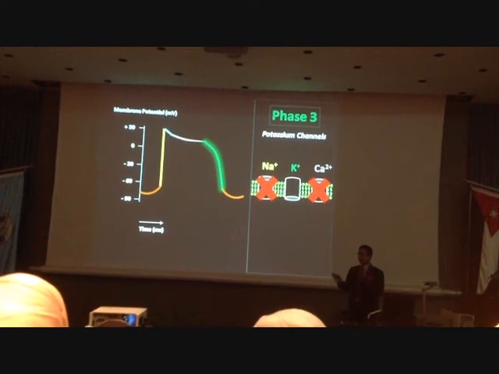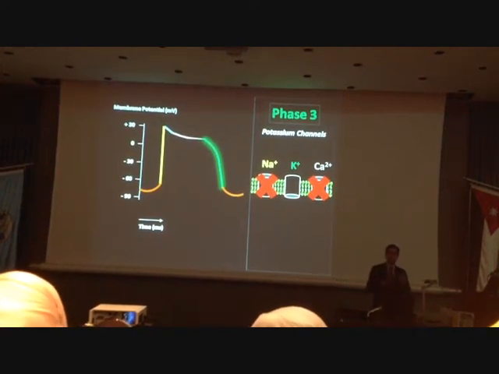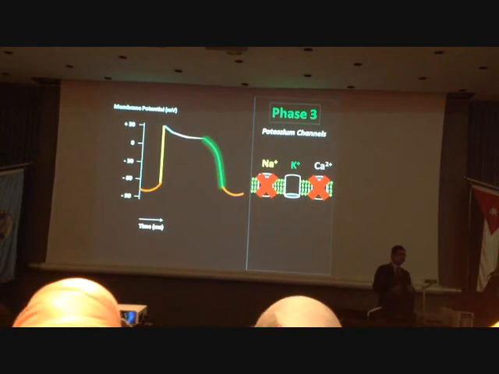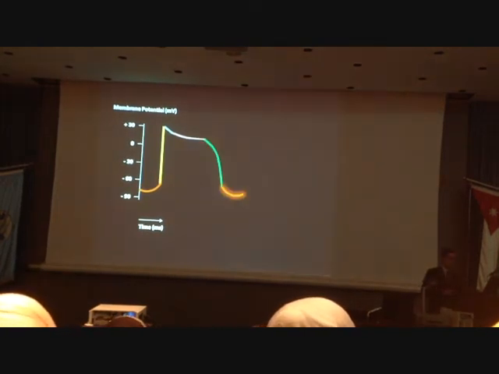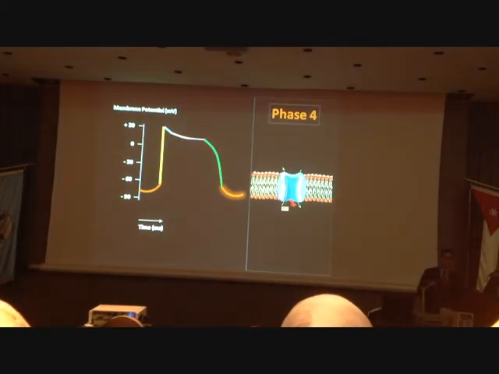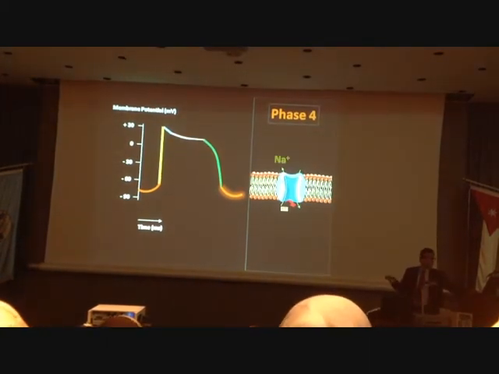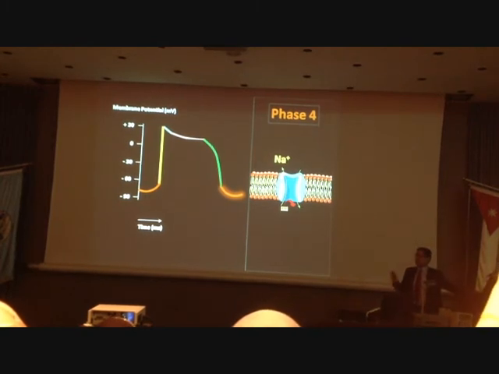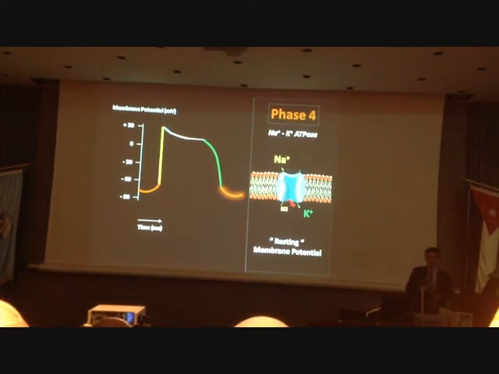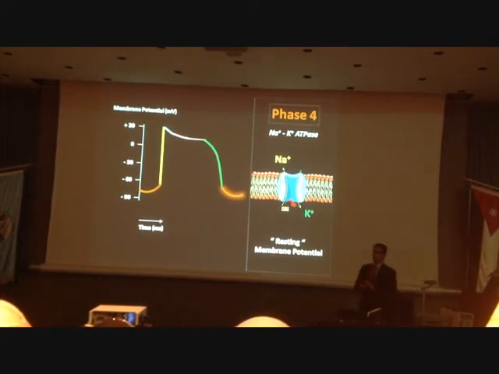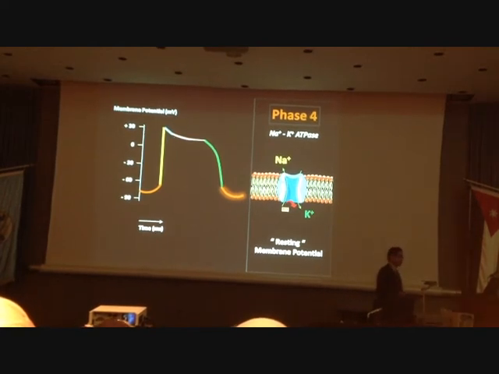But let's show it just for simplicity as the same potassium movement from inside to outside. And finally, the cell gets into the state of resting membrane potential, or phase 4, and that happens due to the activity of the sodium-potassium ATPase, which exchanges 3 sodiums for 2 potassiums at the expense of ATP hydrolysis. Okay? Is that clear? All right.